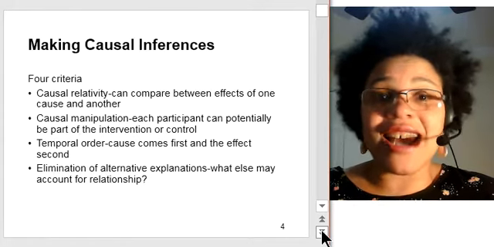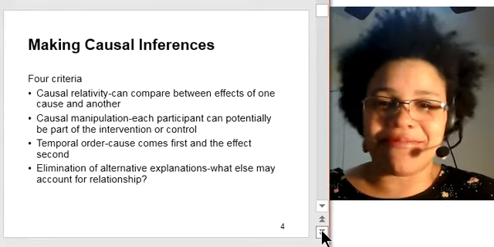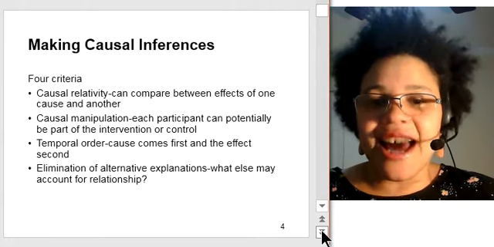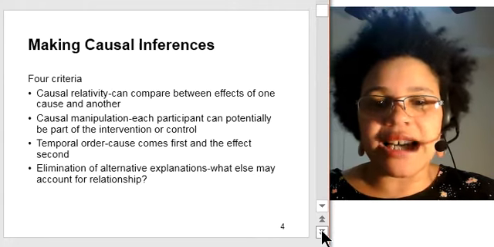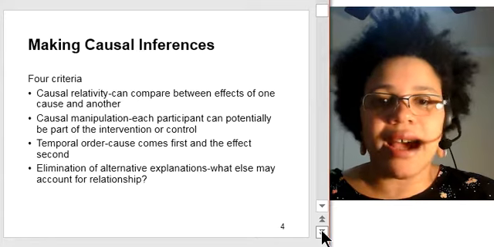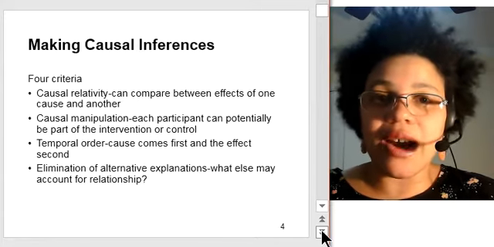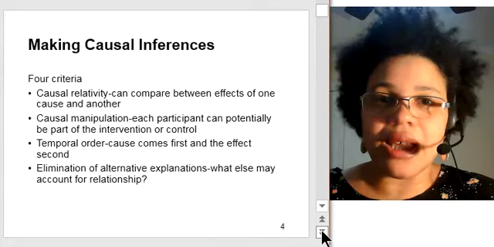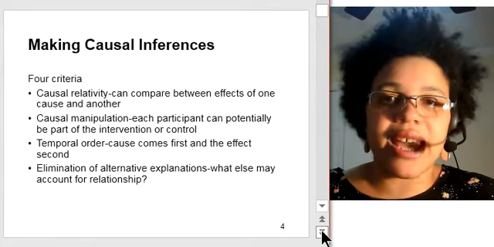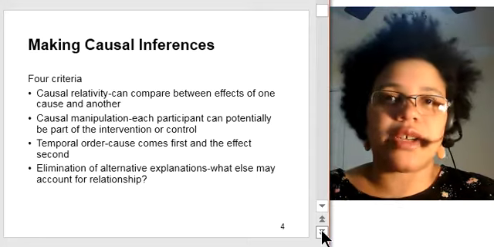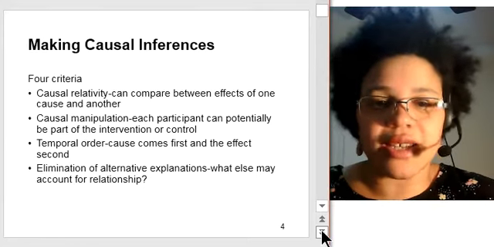Order: the cause has to come before the effect, and that's pretty straightforward. And finally, the elimination of alternative explanations. What else may account for a particular relationship? And so, depending on how an experiment is set up, experiments can be very useful for making a causal inference, for establishing cause and effect.